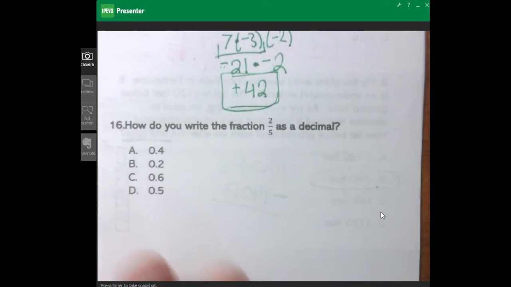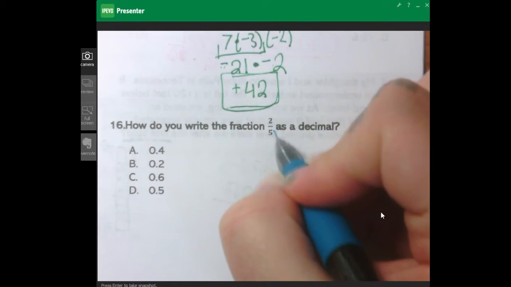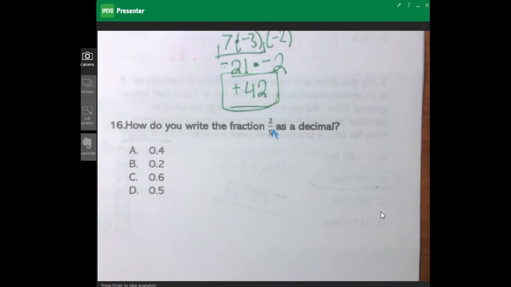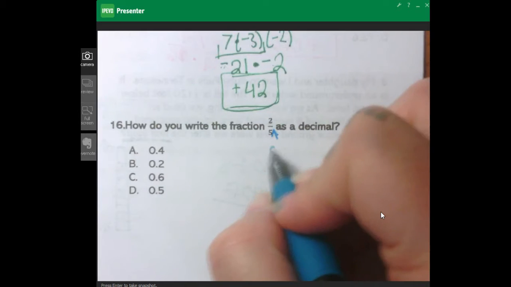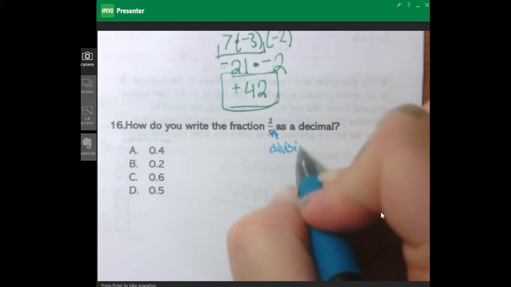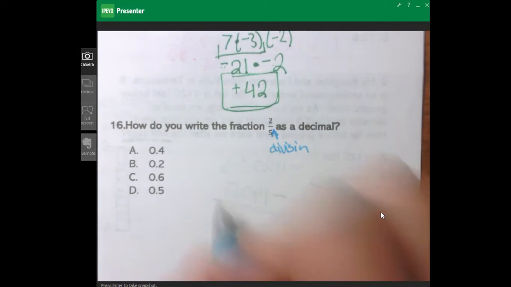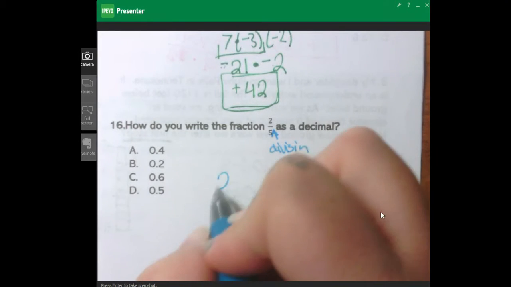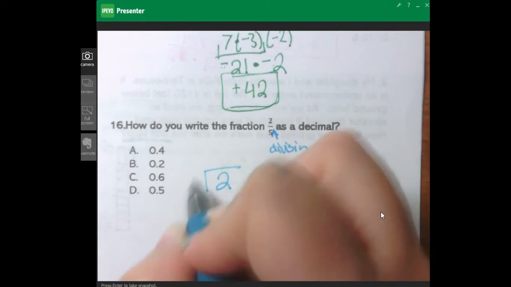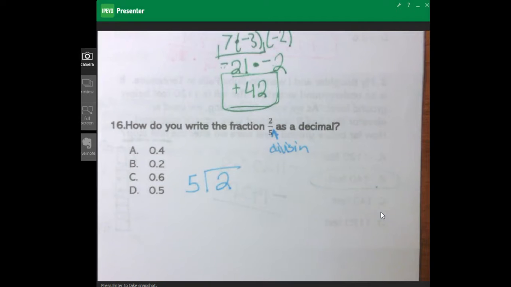All right, let's look at number 16. How do you write the fraction 2/5 as a decimal? Remember that fraction symbol represents division. So instead of saying 2/5, I'm going to say 2 divided by 5.